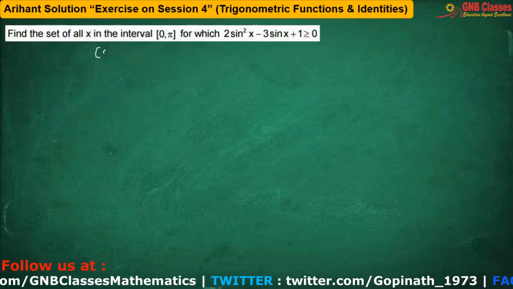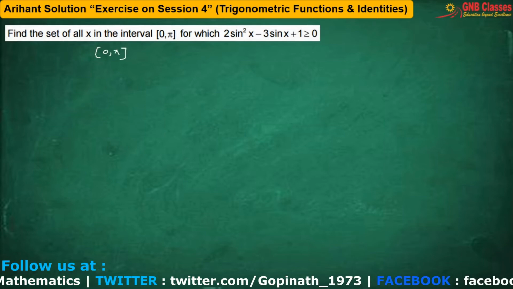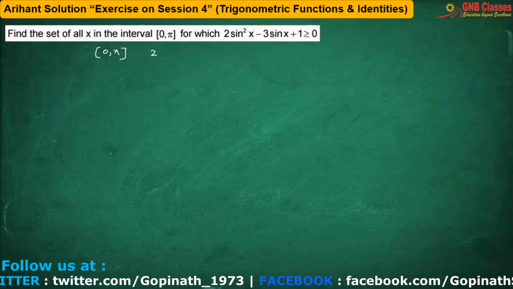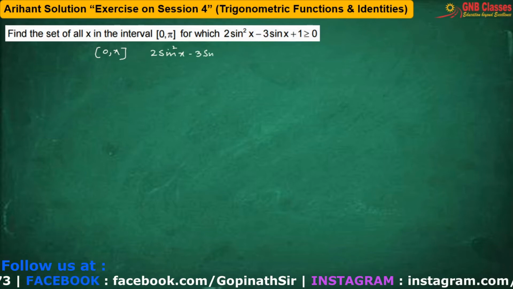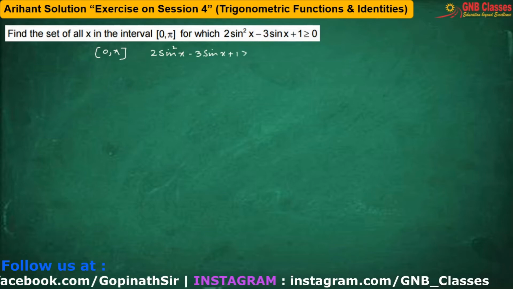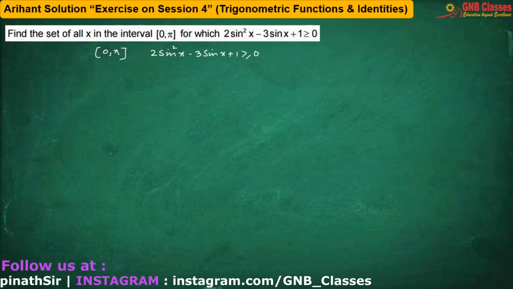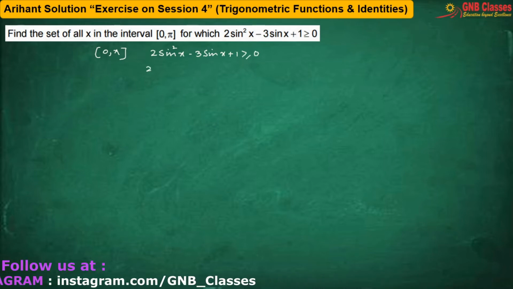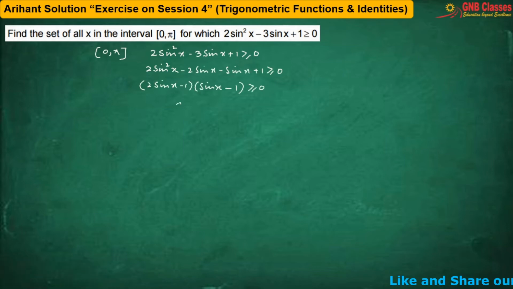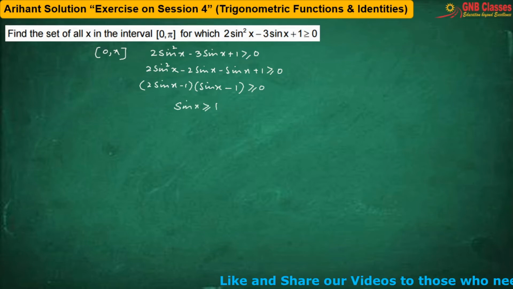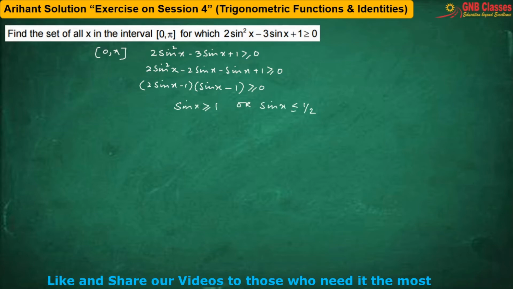Here the interval is given between 0 and pi, and the inequation that has been provided is 2 sine square x minus 3 sine x plus 1 is greater than equals to 0. Let me factorize this. So from this inequation we are going to get, or is it clear?